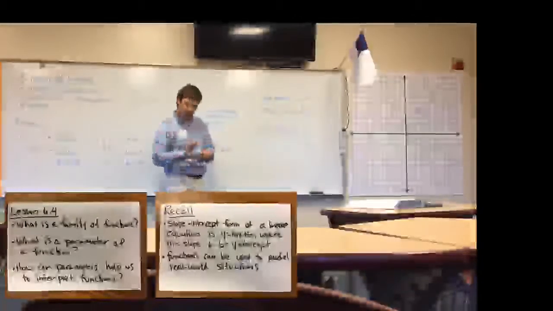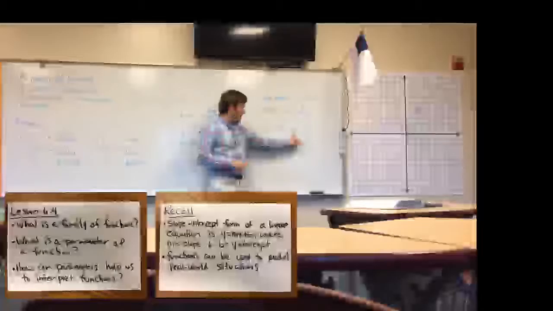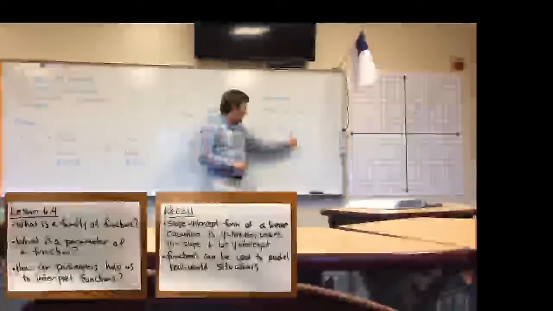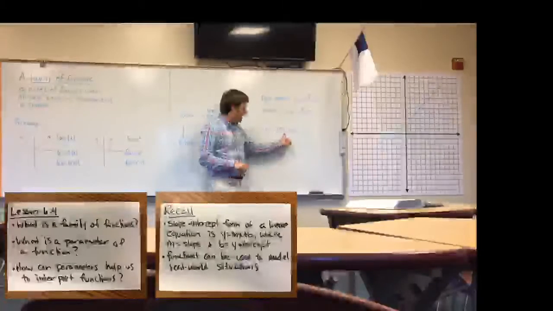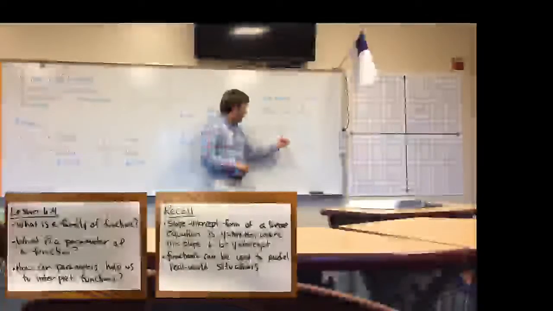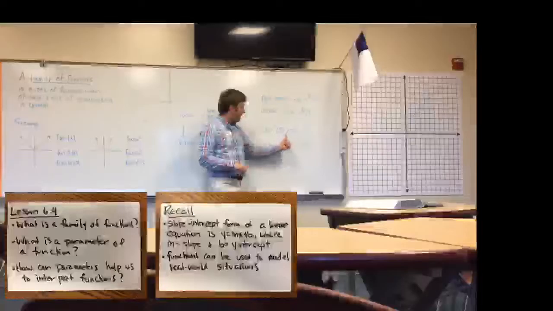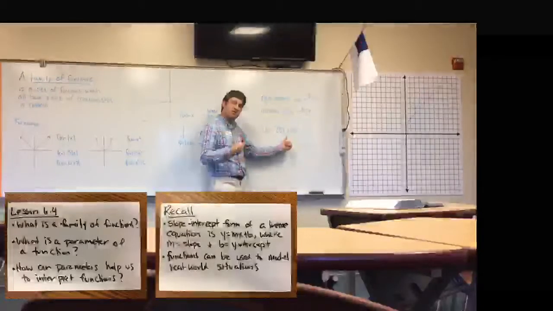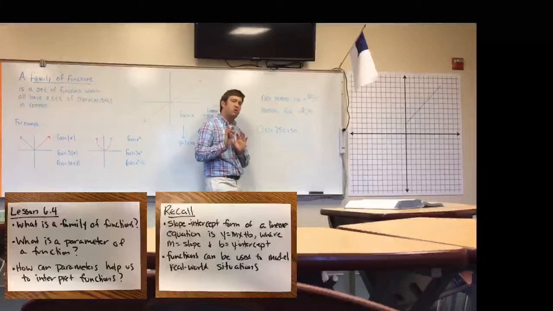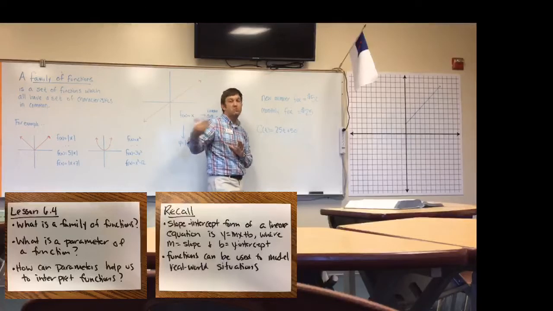Okay? So notice, you start with the $50 fee, and you add $25 for every month. So if you've been a member for 2 months, it's $50 startup fee plus 25 times 2, which is another $50, so $100 to have been a member for 2 months.